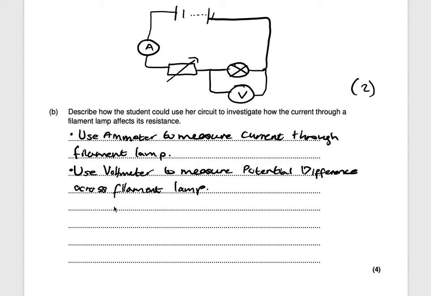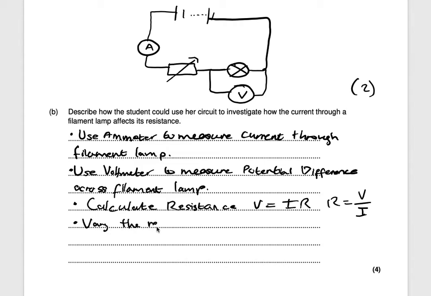Okay, and then because it's a variable resistor, you can vary the resistance. First you can calculate the resistance using the equation V equals IR. So V equals IR. You can do R is equal to V divided by I, because you know your potential difference and your current, and you can then vary the resistance to investigate how the current changes.